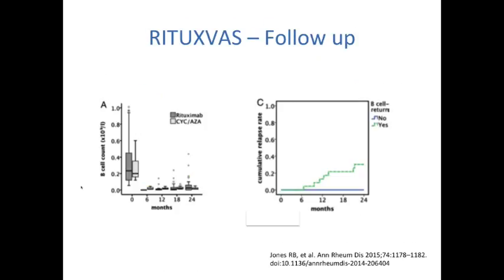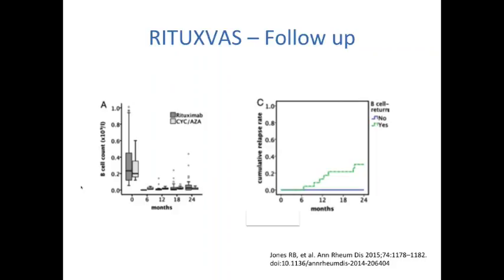What they did show, however, is that when B cells return, rituximab is of course a B cell depleting agent. It's known to deplete B cells for a number of months after a course of treatment, and the concern has always been whether the disease recurs as B cells reappear in the peripheral blood. And it would appear that as patients' B cells return in peripheral blood, the condition returned and patients tended to relapse.